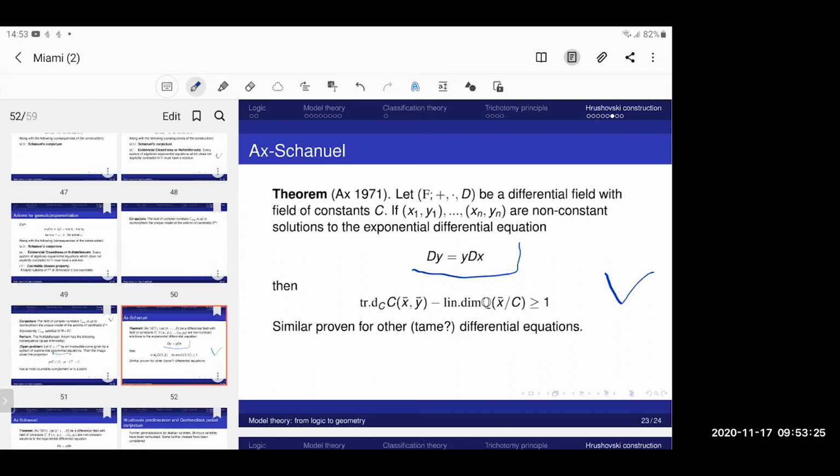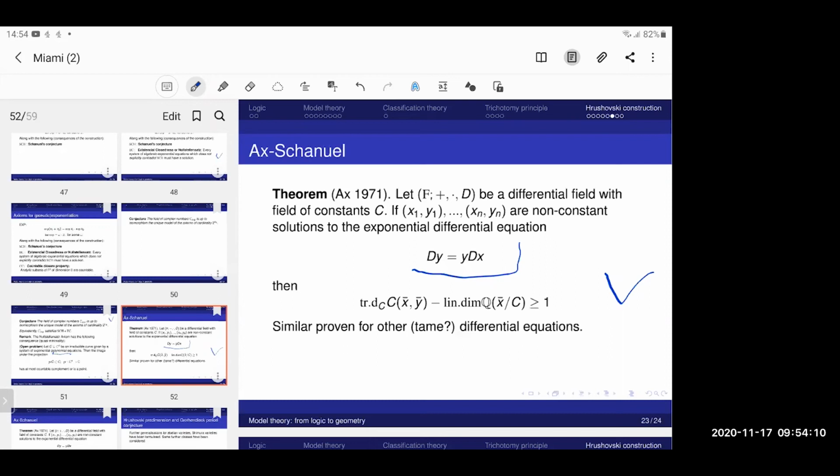Yeah, so this is a very useful theorem, as I'm sure that Bruno is going to mention and illustrate its use. Yes, but what is also important is that in the same context, in this environment of differential fields, one also knows that for some other differential equations, we have similar inequalities.